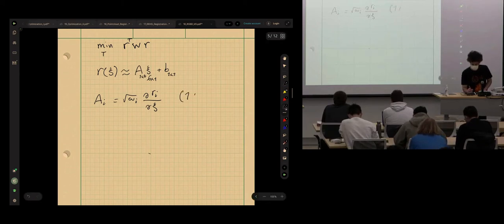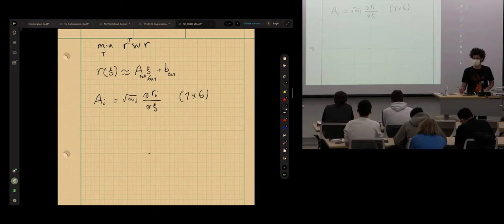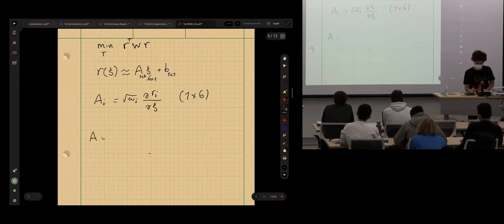So this is a 1 by 6 matrix or a row vector. If I stack all of them, that will give me the entire Jacobian for the problem.